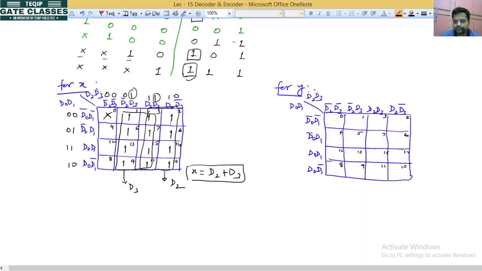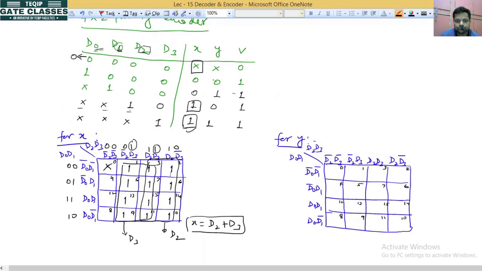For this one, for y, we have x at 0 0, and this is 1 and this is 1. So the output is 1 where D1, D2, D3 value is 1 0 0. So it will be 0 0 0 1 1 1 1 0, 0 0 0 1 1 1 1 0. So D1 is 1 and D2 D3 is 0 0, so 1 0 0.